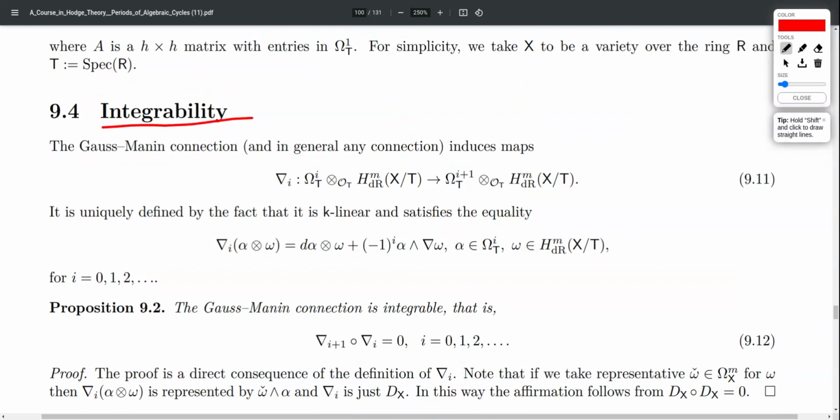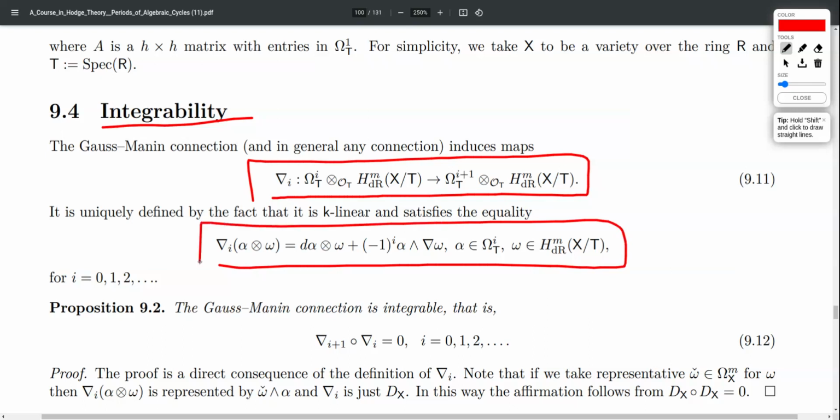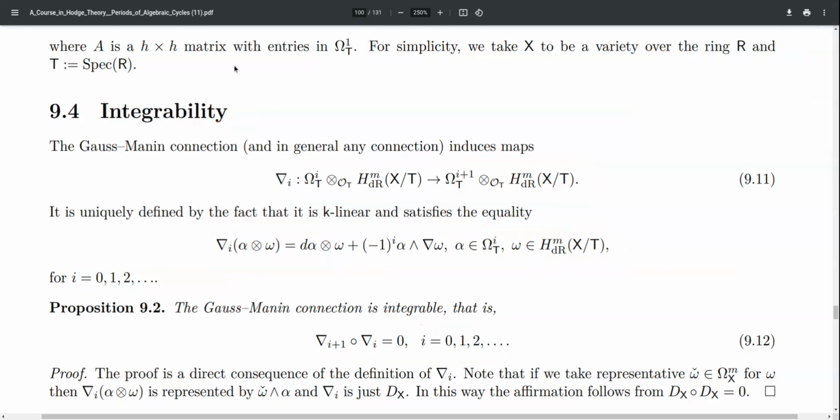Any connection will induce this kind of maps, which are defined by this, and the composition of two consecutive such maps is zero. This is called the integrability condition.